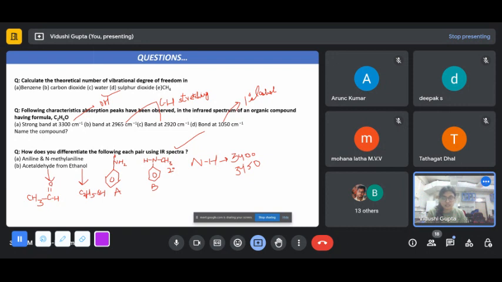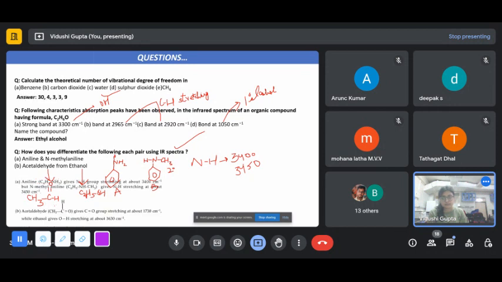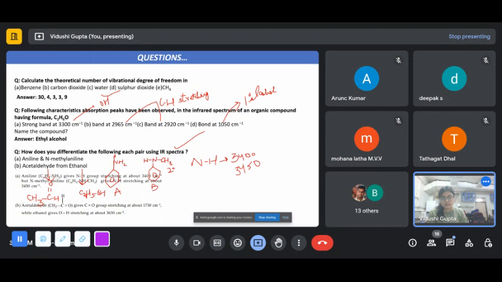But what about the carbonyl of acetaldehyde? The carbonyl will be at 1730, while the OH stretching in ethanol will be approx at 3630 centimeter inverse.